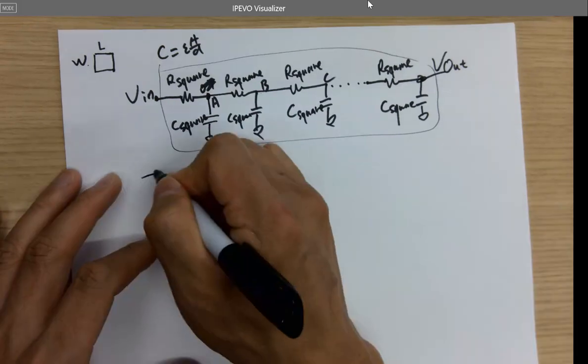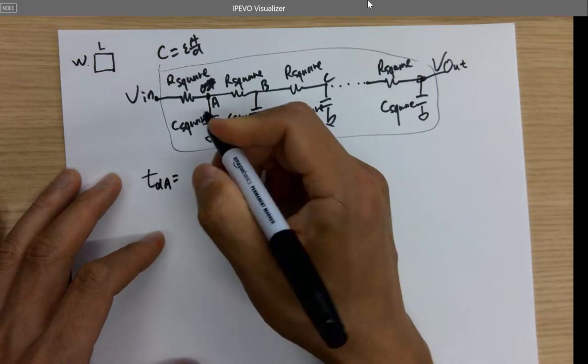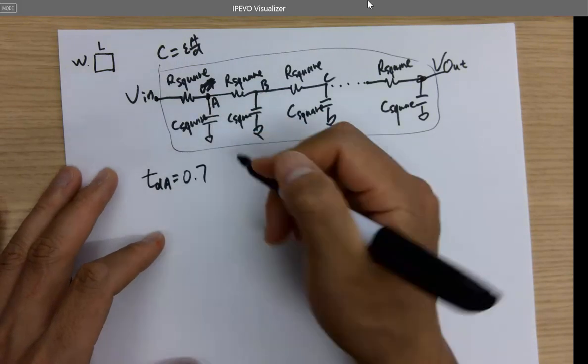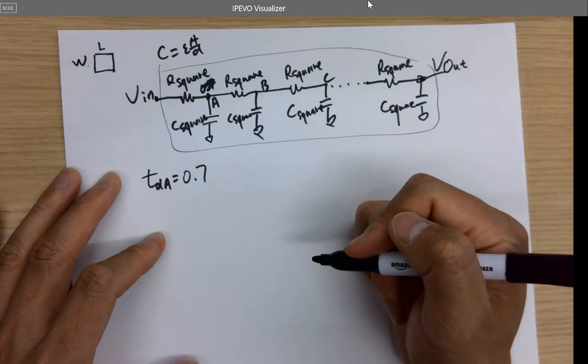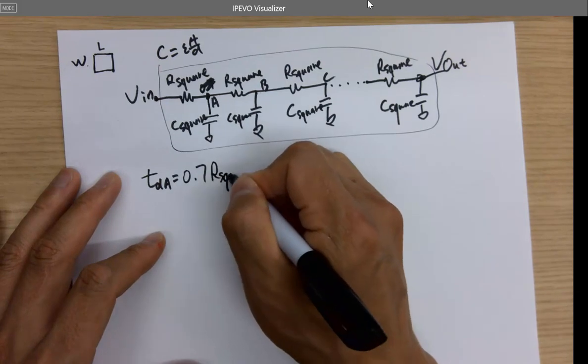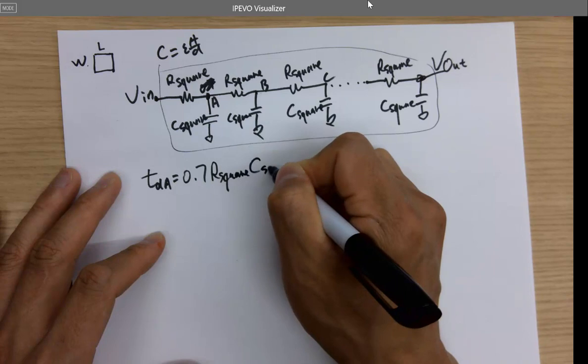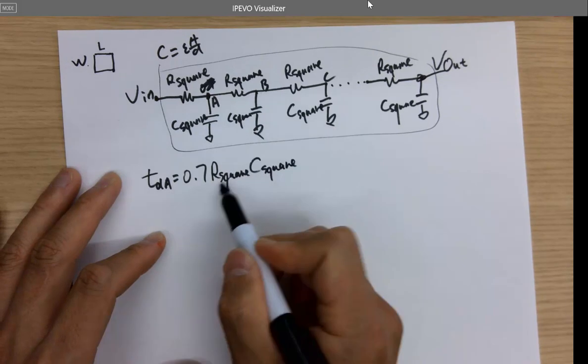Okay, so TDA equals 0.7 what? R what, C what? And these are constants, you know it.